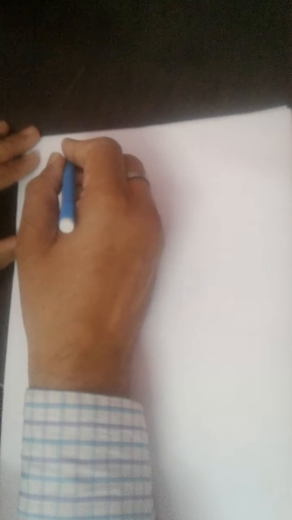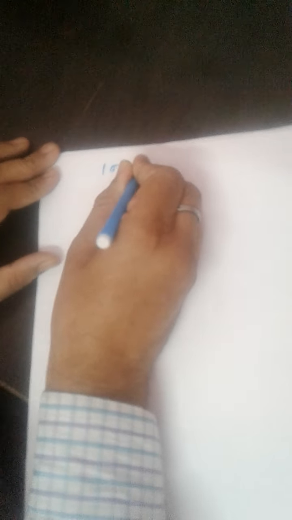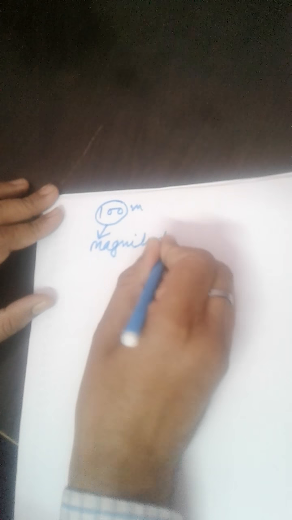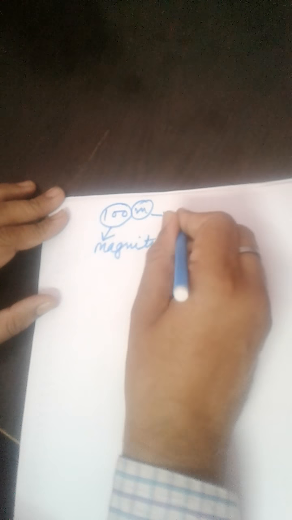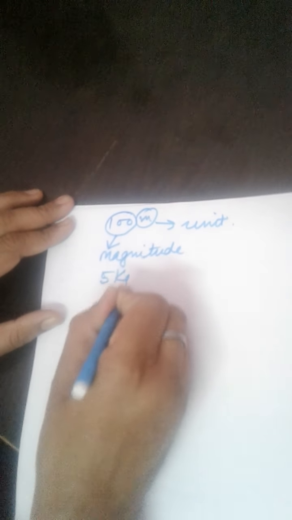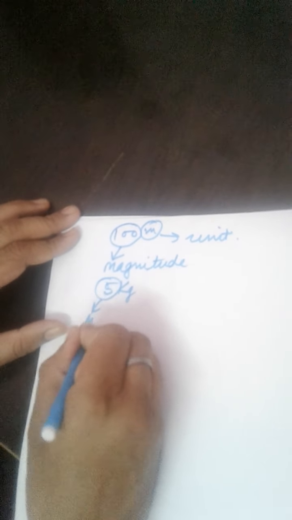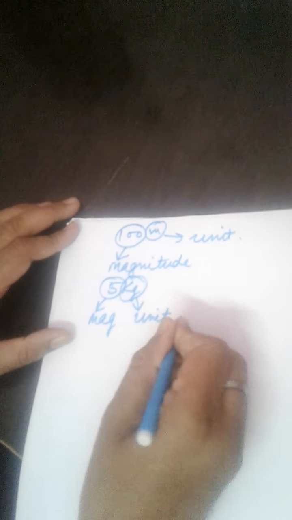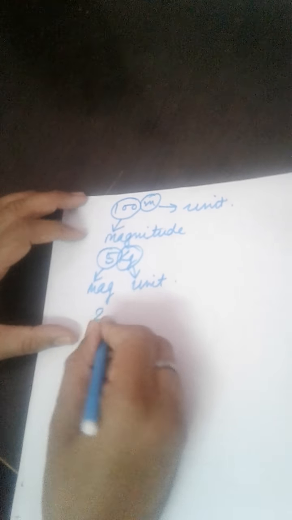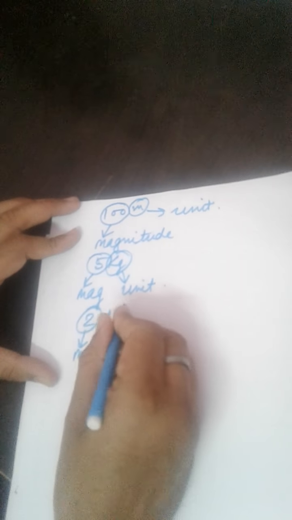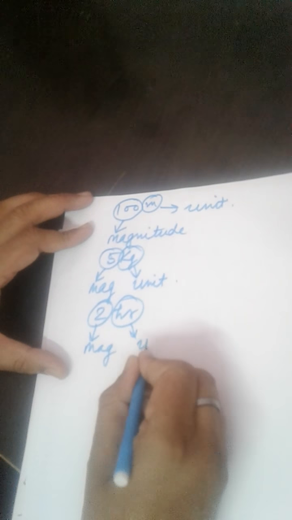Now please see here, 100 meter has two parts. 100 is magnitude and meter is unit. In the same way, 5 kg, 5 is the magnitude and kg is the unit. 2 hour, 2 is the magnitude and hour is the unit.